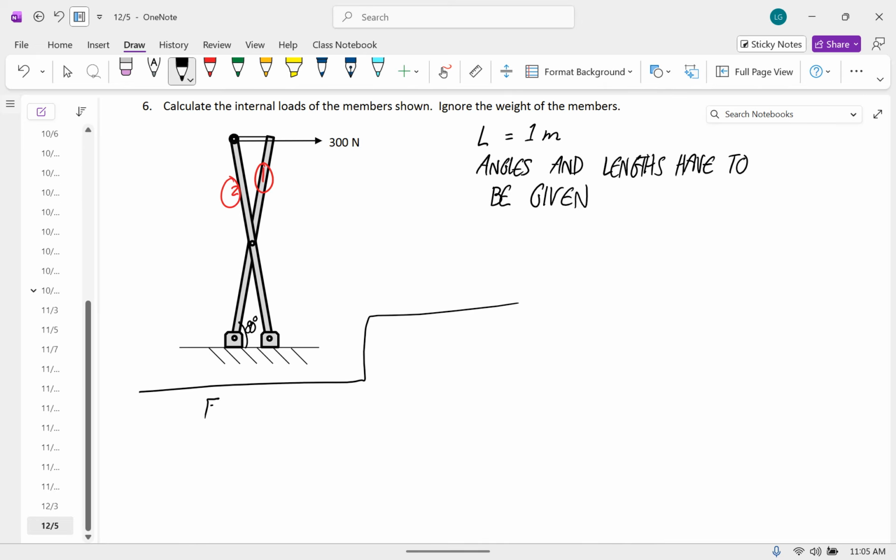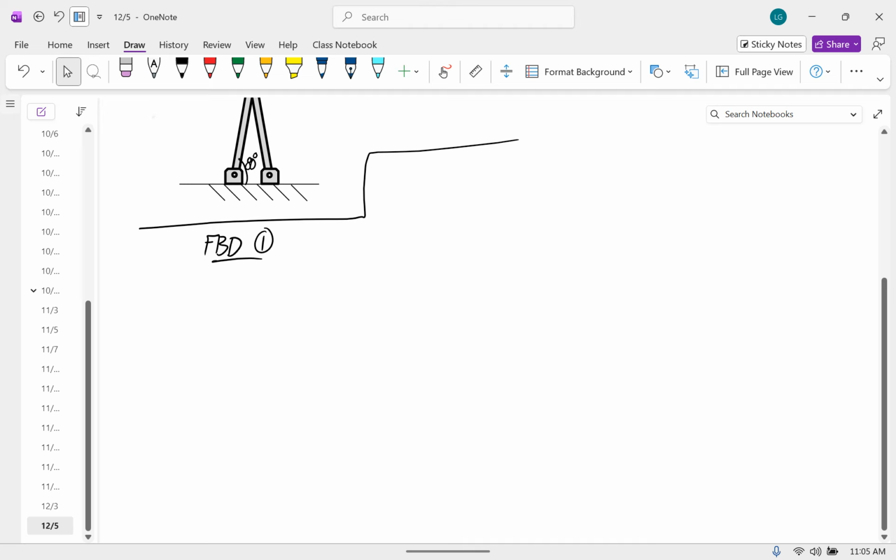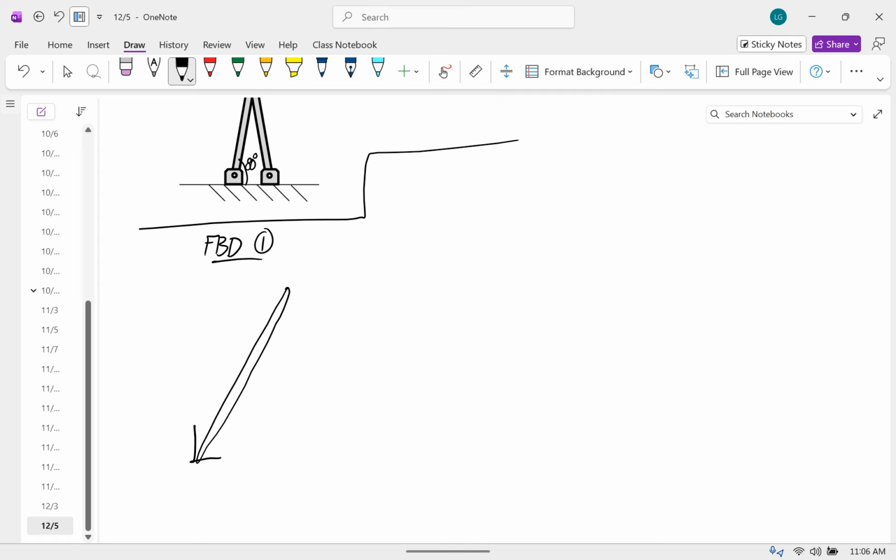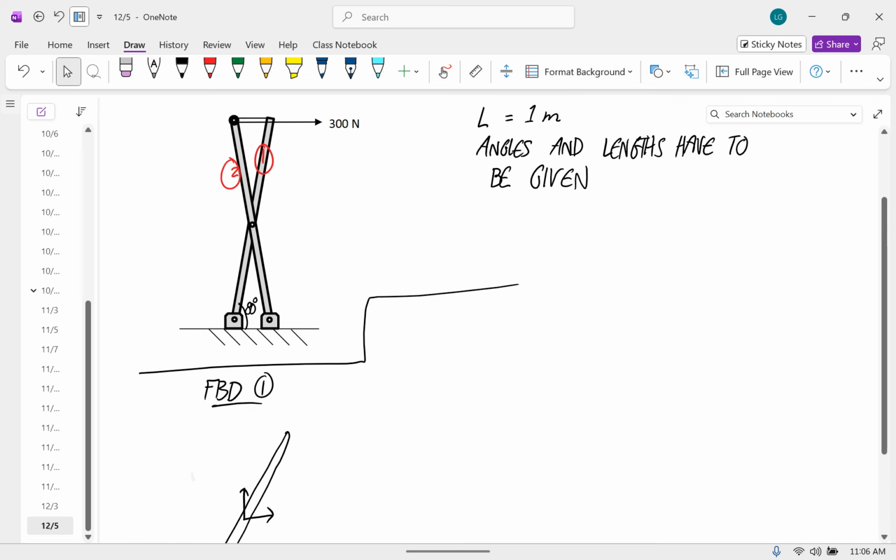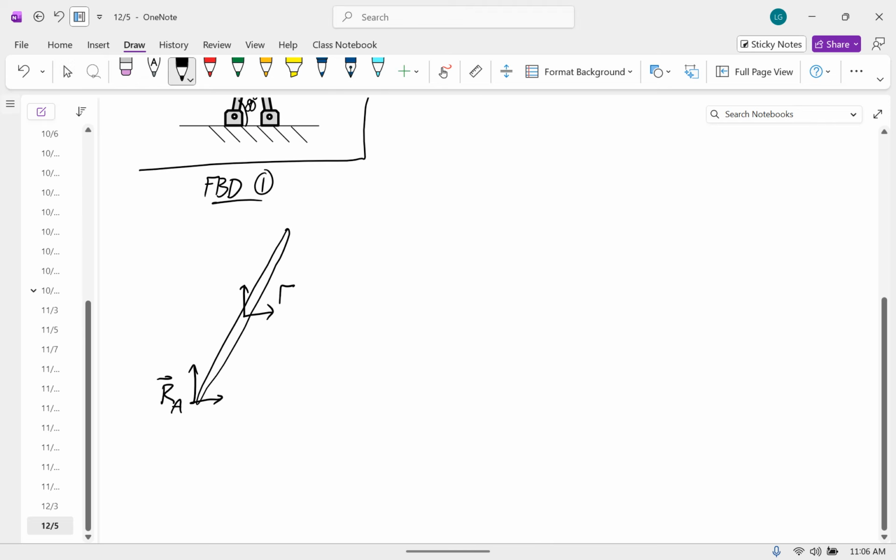So free body diagram of body 1. It looks like this. It's a pin joint at the bottom. I'll call that RA. And then they're connected at the middle. So that's F12.